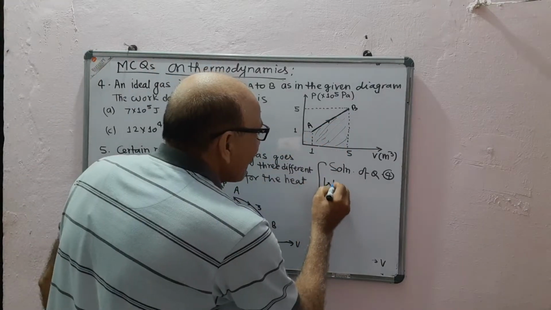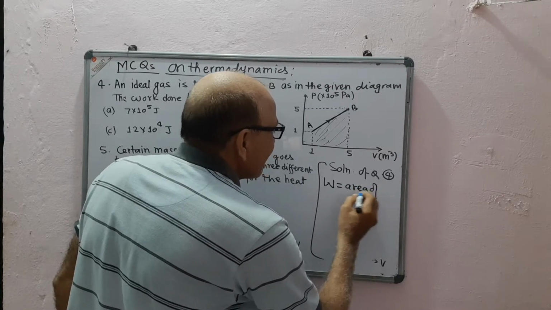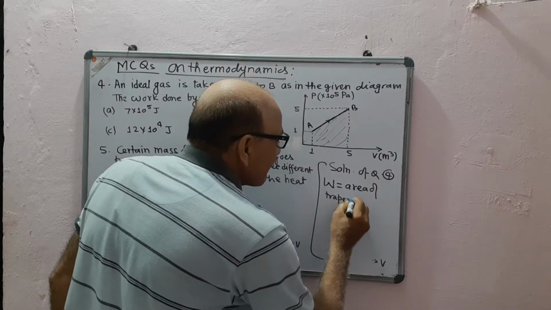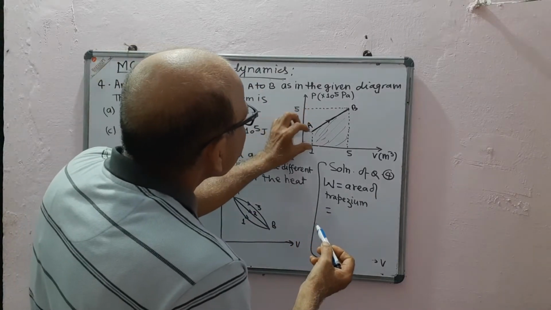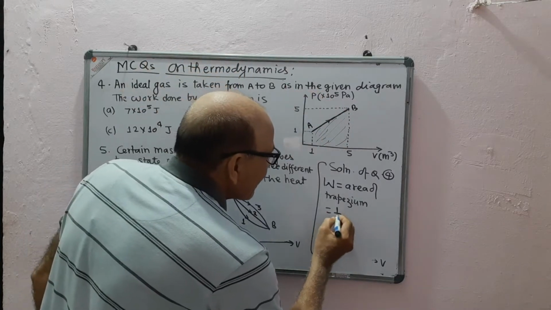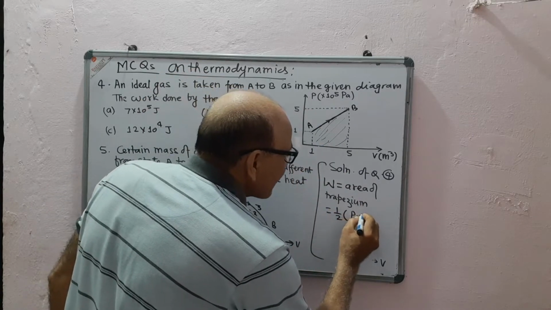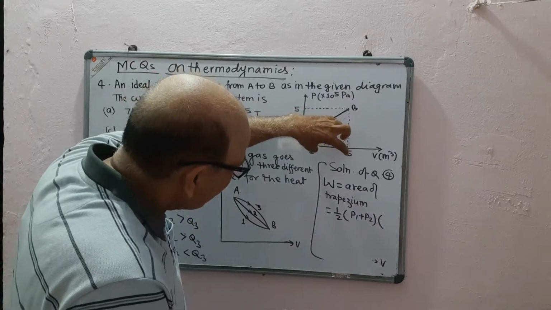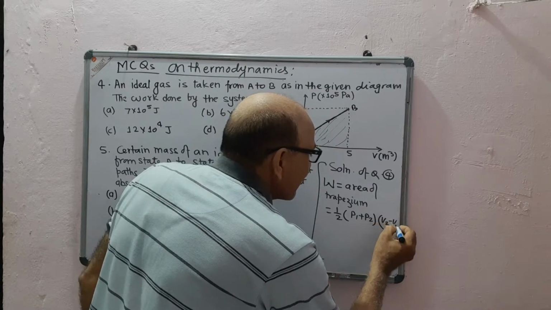So, work done will be equal to area of trapezium, which is equal to 1 by 2 into the sum of the two parallel sides. This is, suppose P1, this is P2, so P1 plus P2, and this is V2 minus V1.